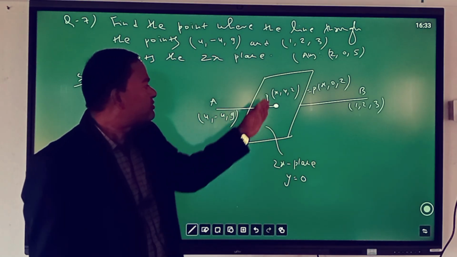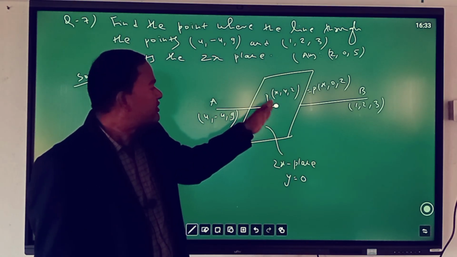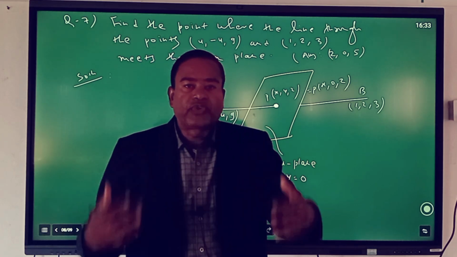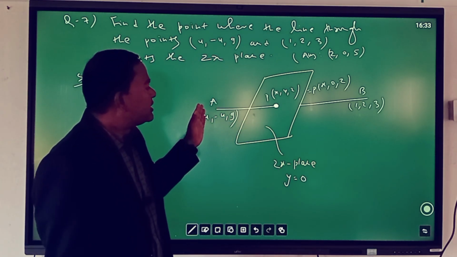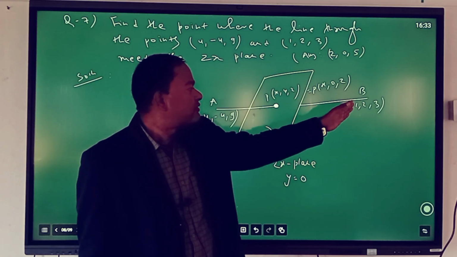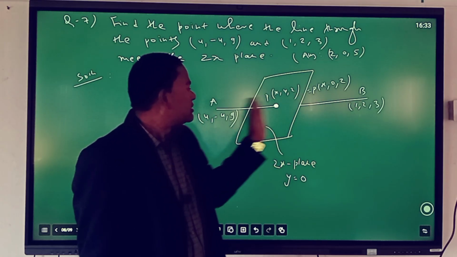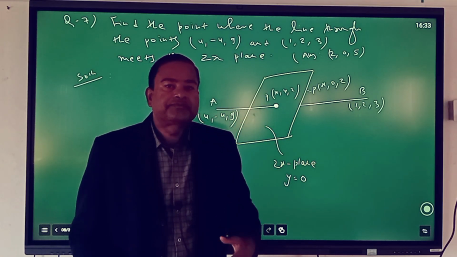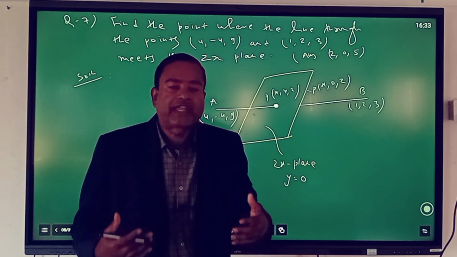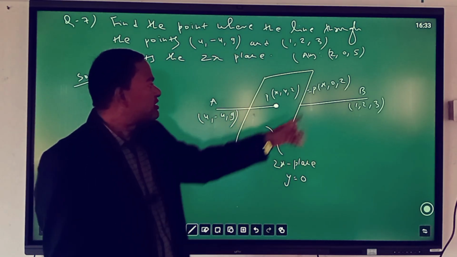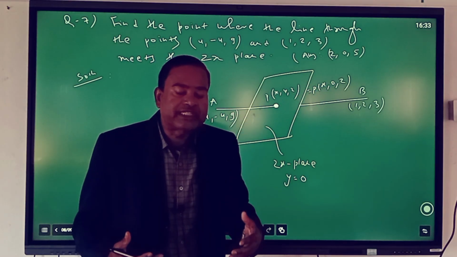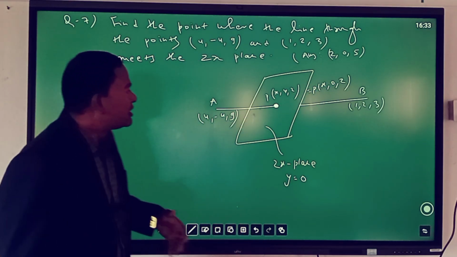at first we'll find out the ratio in which the point P divides the join of the given 2 points. Then after finding the ratio, we'll use the section formula to get the x and z coordinates. So dear students, let's solve it.